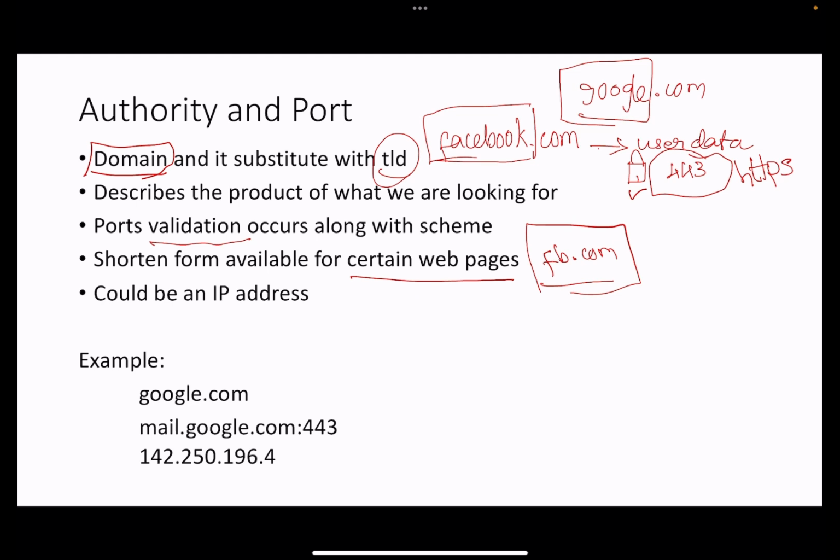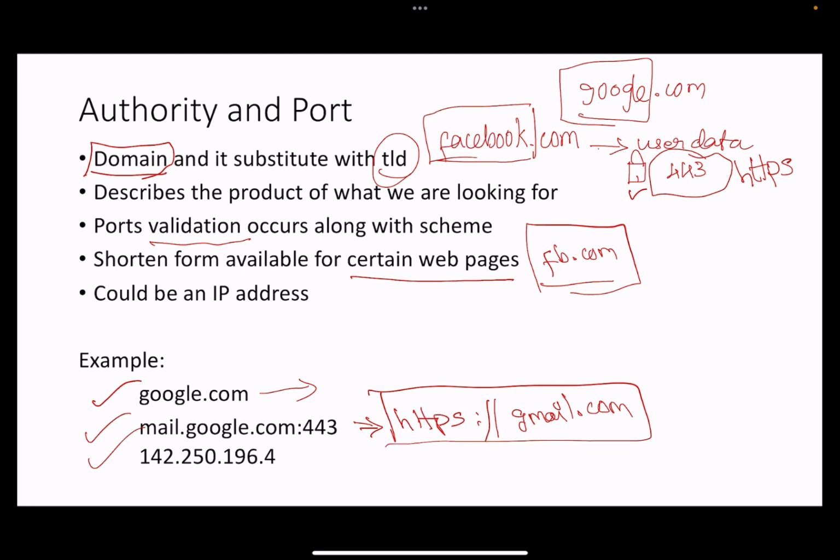So by examining these examples, google.com we know, but mail.google.com is the exact way; we can say https colon double slash mail.google.com is nothing but gmail.com. That's all. So this is the exact URL, but here I mentioned the port.